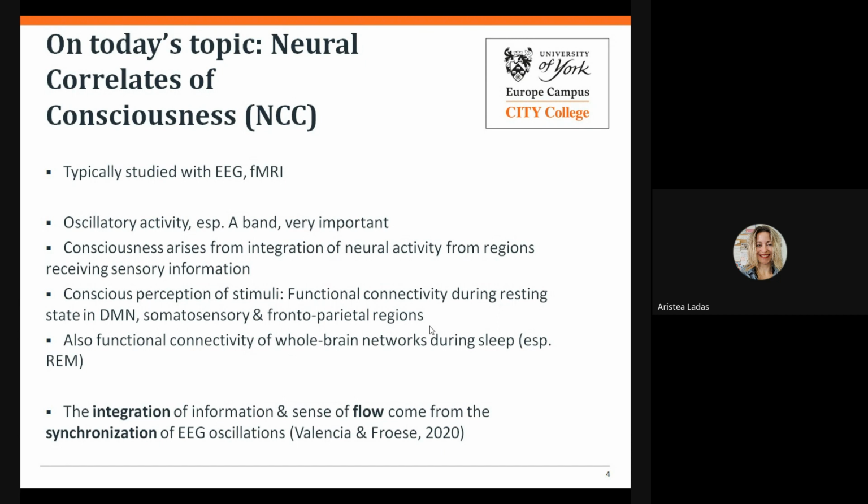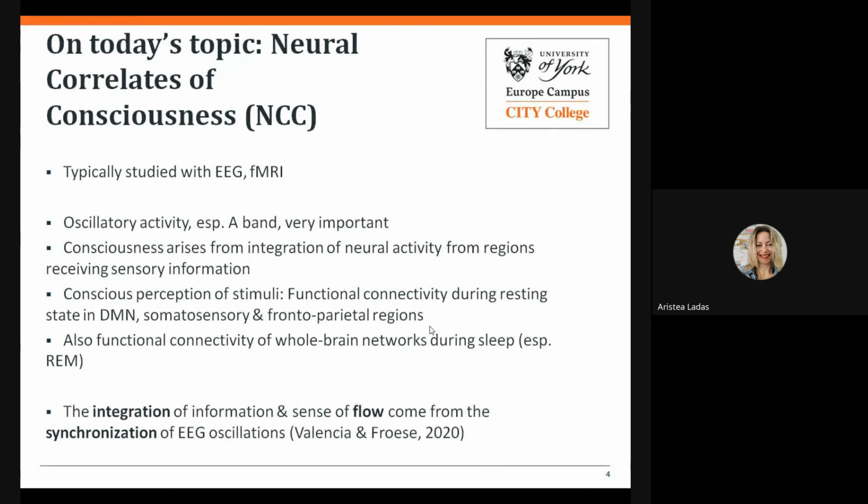Also, functional connectivity of whole brain networks during sleep, and especially during REM sleep, has shown similar brain networks responsible for the experience of consciousness.